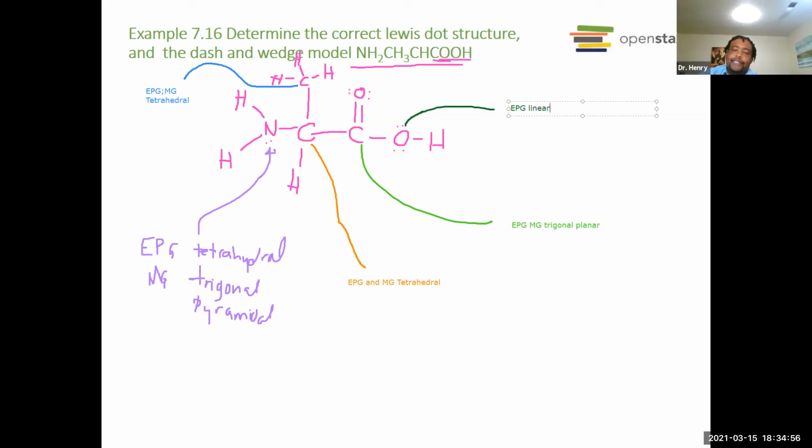Tetrahedral. Okay, so we have linear and tetrahedral. How many say linear? Put your thumbs up for your reaction. How many say tetrahedral? Okay. So the correct answer is tetrahedral.